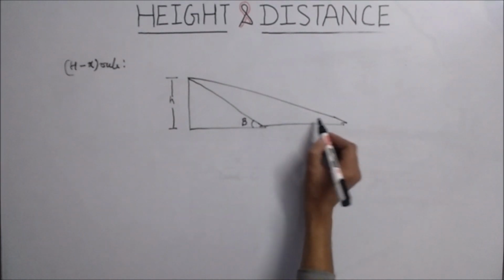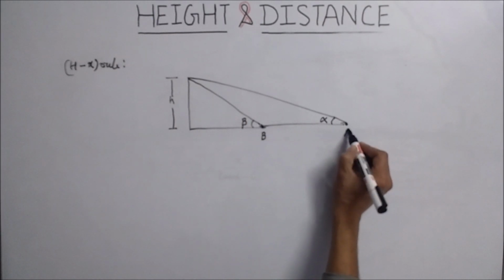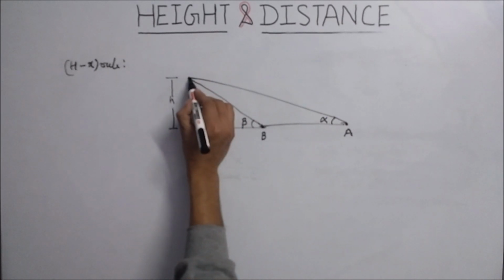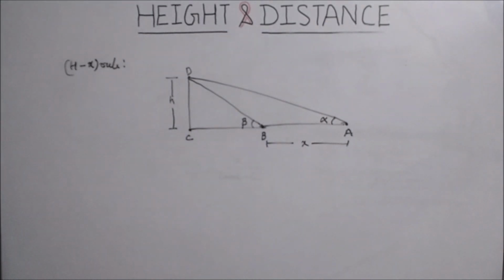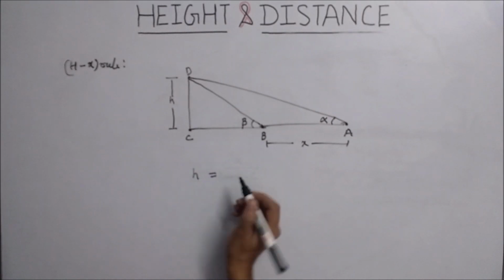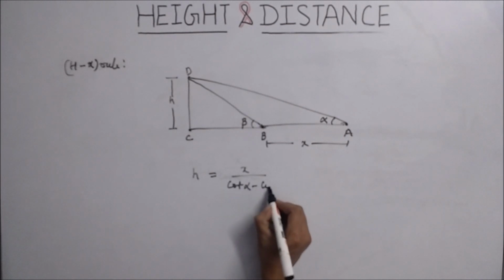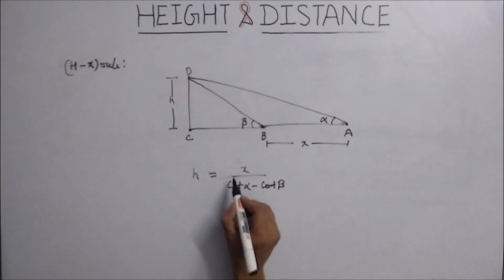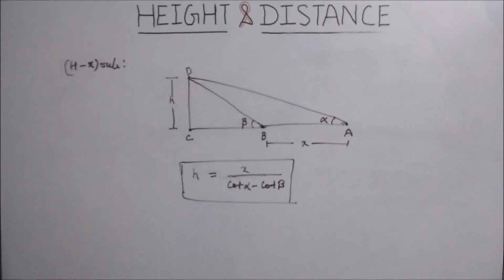This is angle beta, this is angle alpha, this is point B, this is point A, this is point C, D, and x is the distance between these points, and you have to find the distance between point A and B. So you have to put the values in this formula I am telling you. H is equal to x upon cot alpha minus cot beta. This is the direct formula to calculate the distance between A and B.